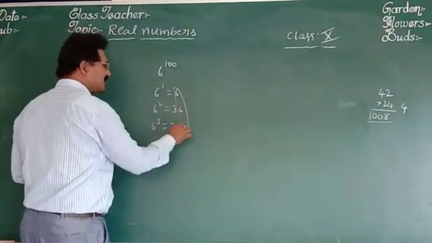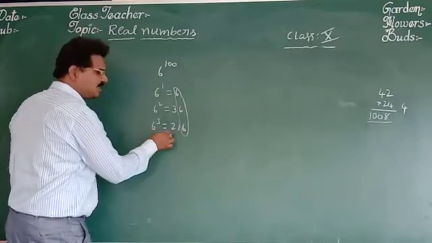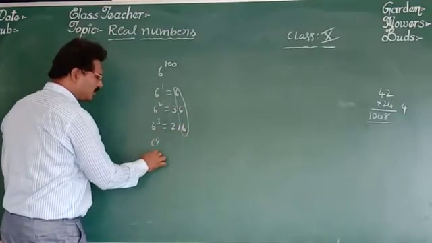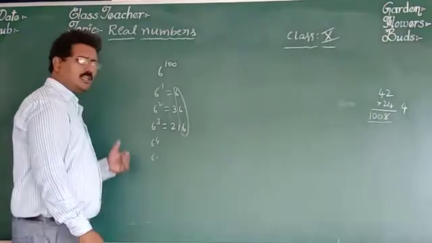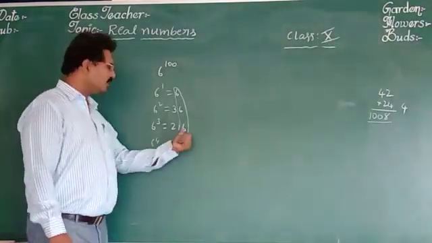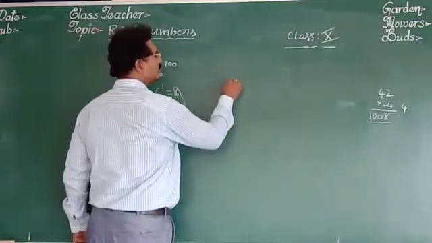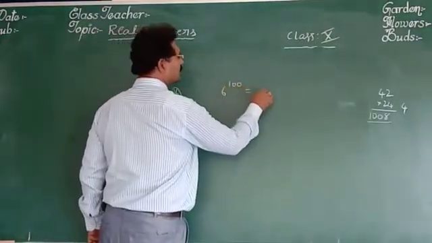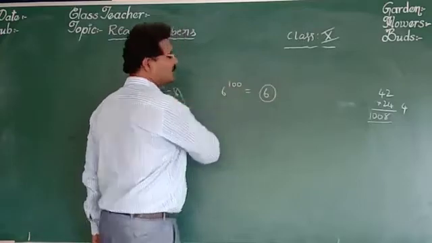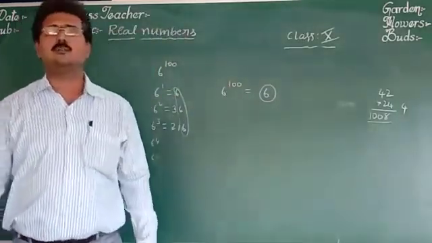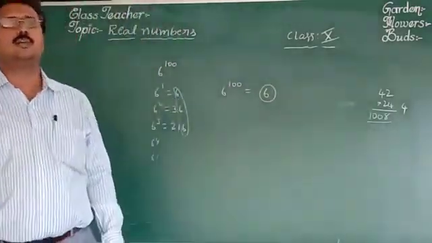Last digit is 6. That is repeating. So not only 6 cube, 6 power 4, 6 power 5, and so on. For any power of 6, the last digit is 6. Hence the last digit of 6 to the power 100 is also 6. This is a way to complete it by using the fundamental theorem of arithmetic.